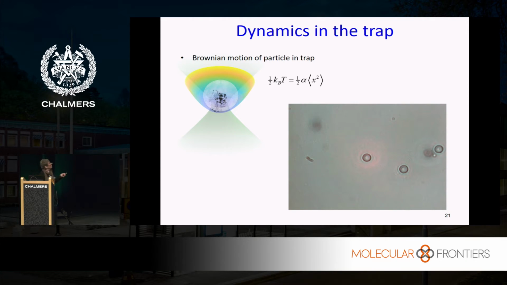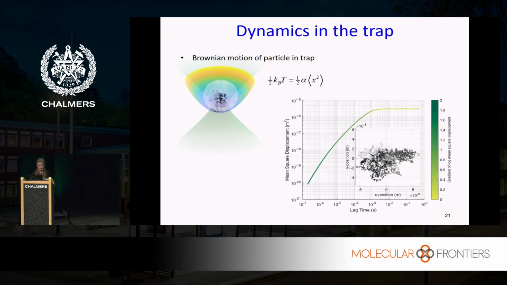Okay, so I can model my optical trap by assuming a harmonic potential, and we have heard a lot about harmonic potentials before in this conference. And so here I have a particle which is described as wiggling in a harmonic potential, and we can see the wiggles in the trap. And I can measure those wiggles.